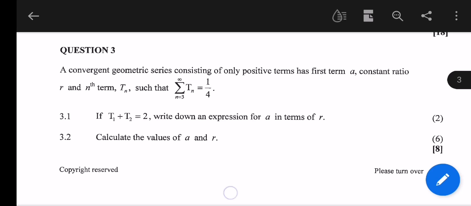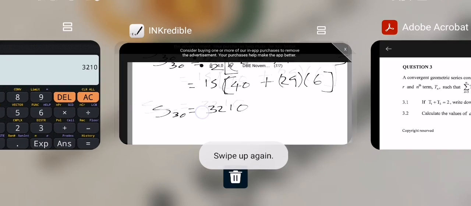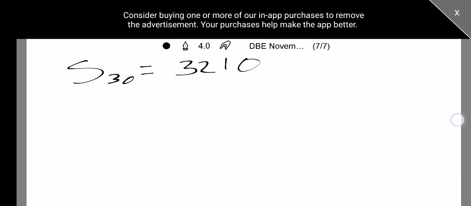Now we can write down, there's a lot of answers for this one, but we're just going to get the first two. So this is 3.1.